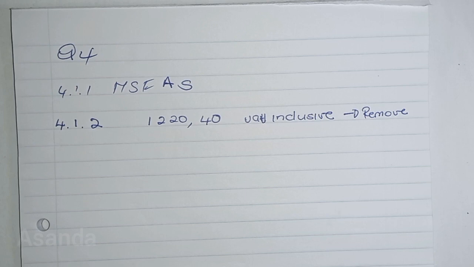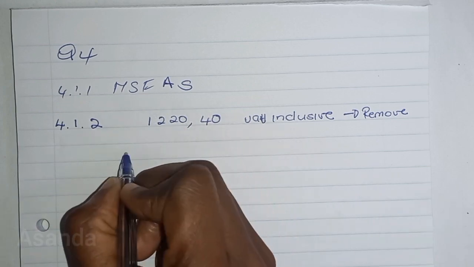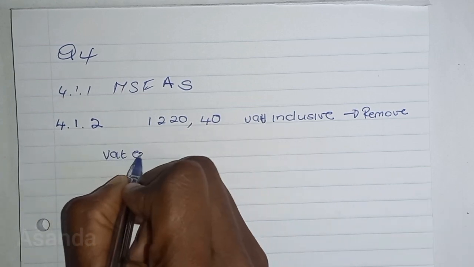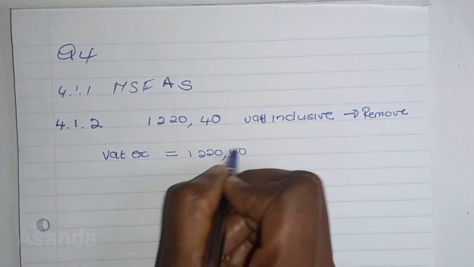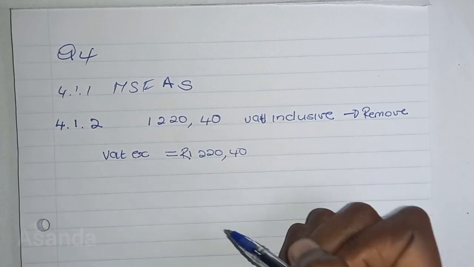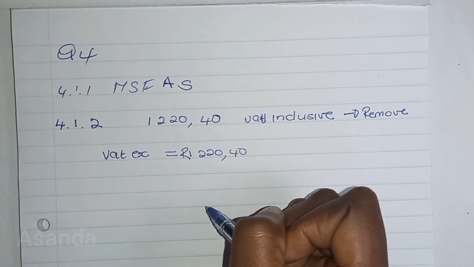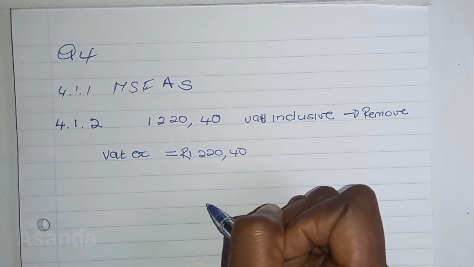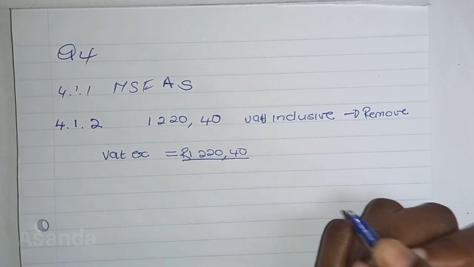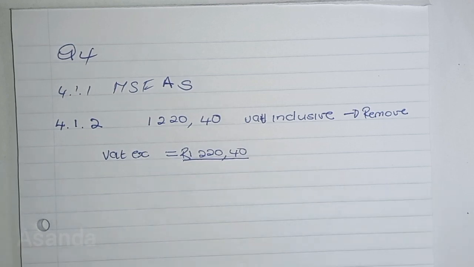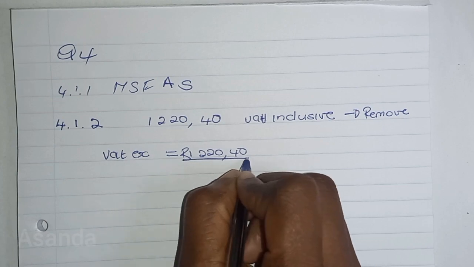So we're going to say VAT exclusive is equal to 1,220 Rand and 40 cents. Guys, there's another way to do this. I just don't do it. When I don't like something, I don't do it, period. And then we do the opposite of adding VAT. We're going to now remove VAT by doing the opposite, which is divide by.